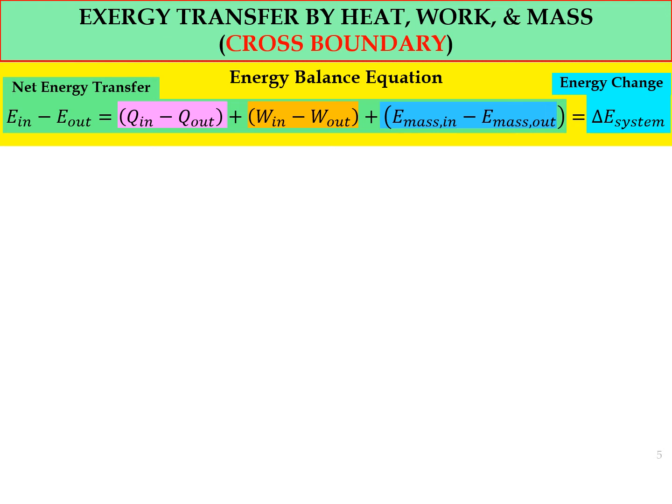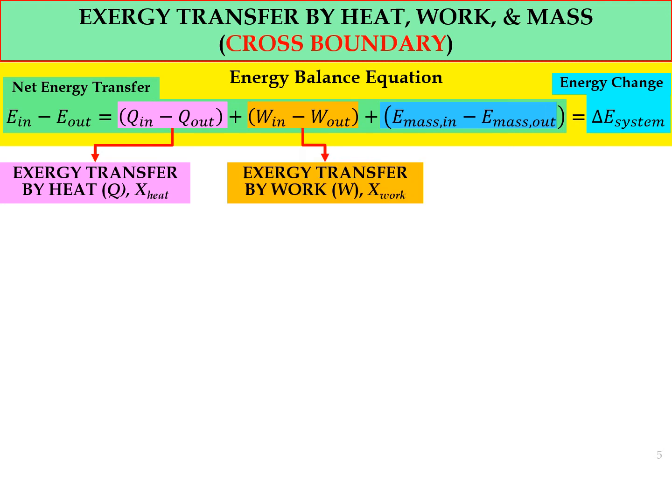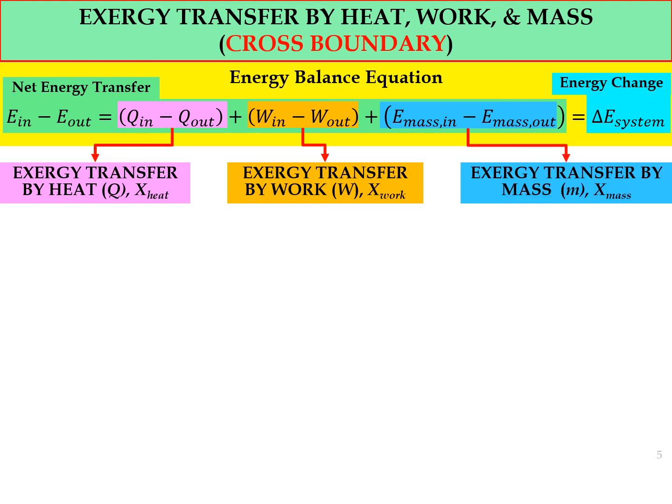From this heat energy, we can also calculate the exergy transfer by heat, which is X heat, and also exergy transfer by work, X work, and exergy transfer by mass, X mass. Since we are studying exergy, we will look into how these three can be transferred.